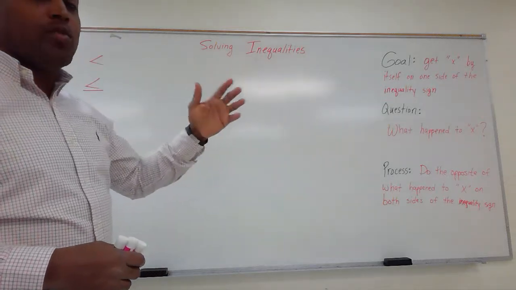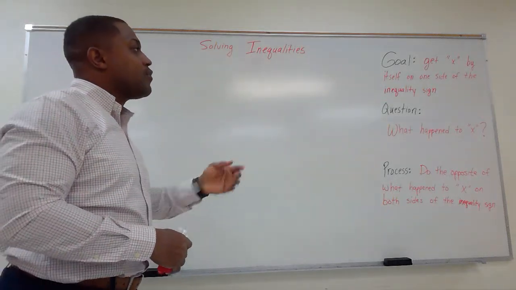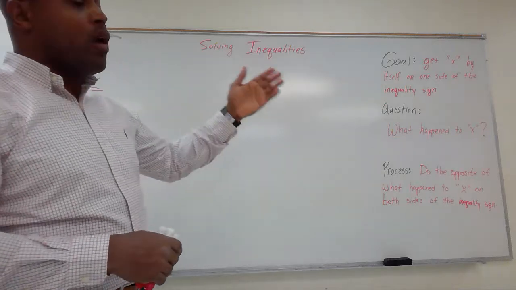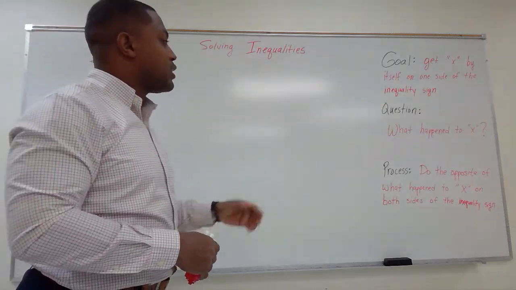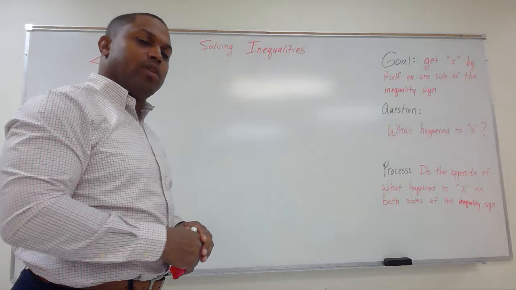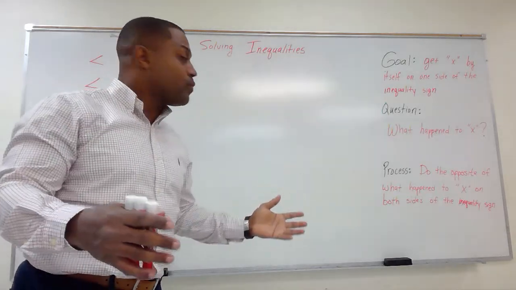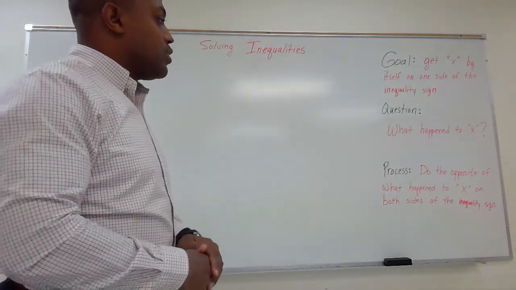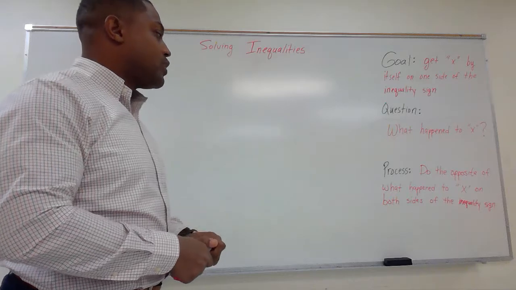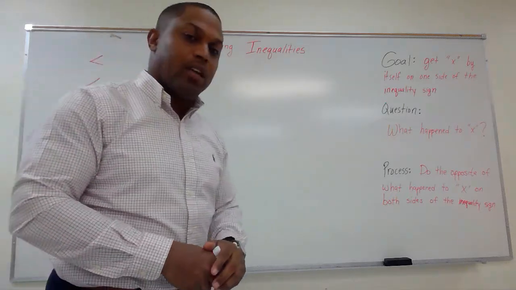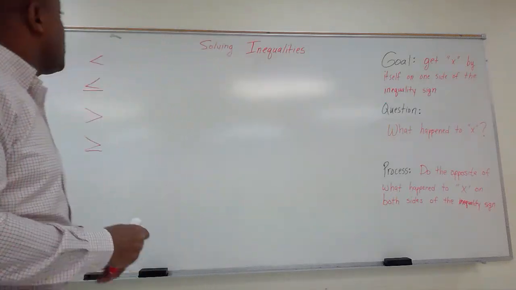We need to get x, or whatever the variable that is being used, by itself on one side of the inequality sign now, as opposed to the equal sign. We've got to ask the same question: what happened to x, or the variable? And the process is do the opposite of what happened to x on both sides of the inequality sign, okay?